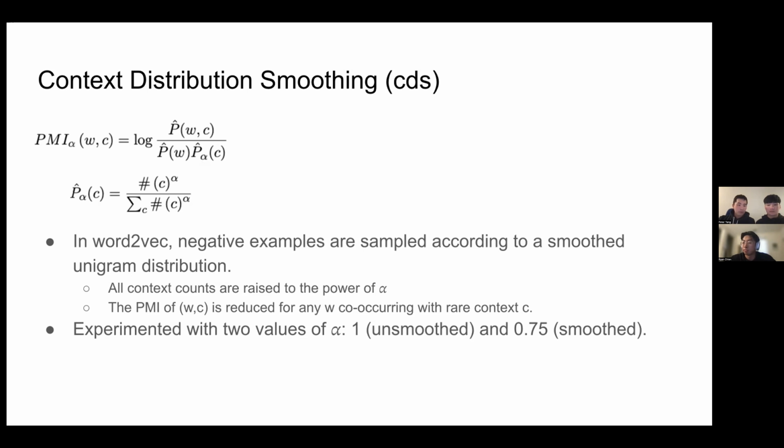And the PMI of W and C, the word and context cell, is then reduced for any W co-occurring with the rare context C. And this study experimented with 2 values of alpha, 1 being unsmoothed and 0.7 being smoothed.